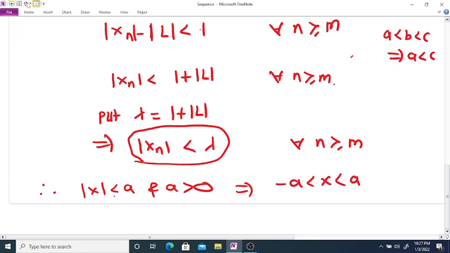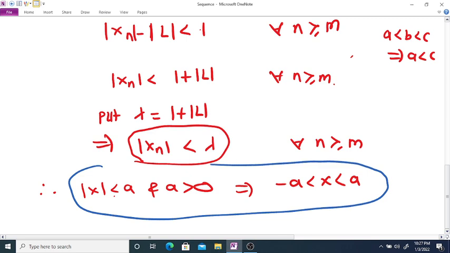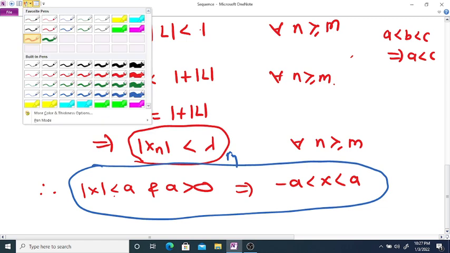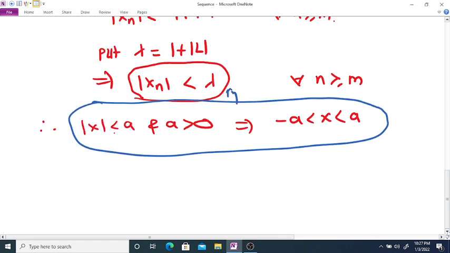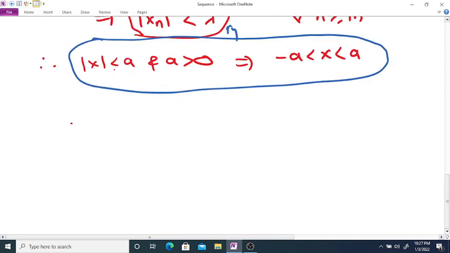Using this property here, we get minus lambda less than xn less than lambda for every n greater than or equal to m.